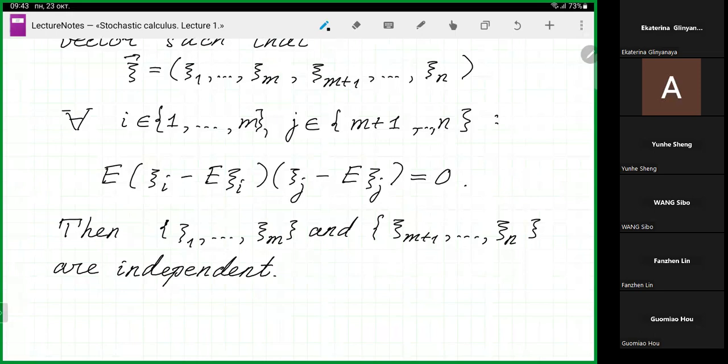How to check this? To check this, it is enough to check that the characteristic function of these two random vectors is a product of the corresponding characteristic functions. So use the characteristic function.